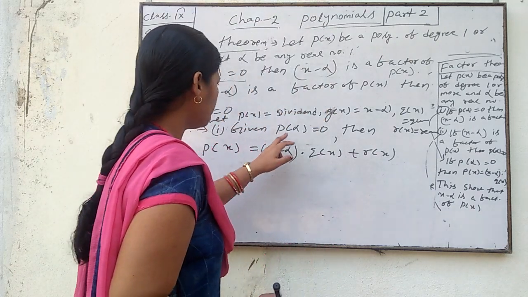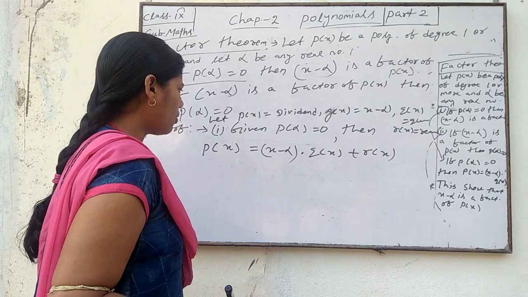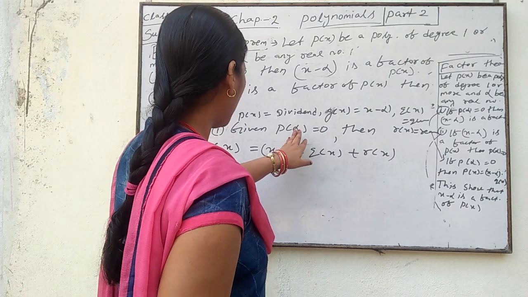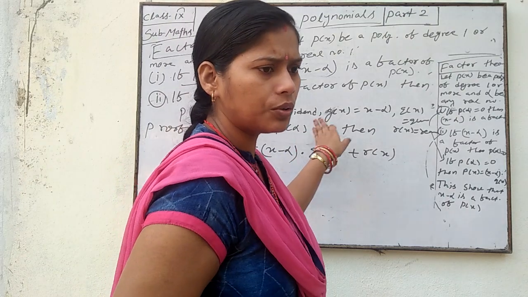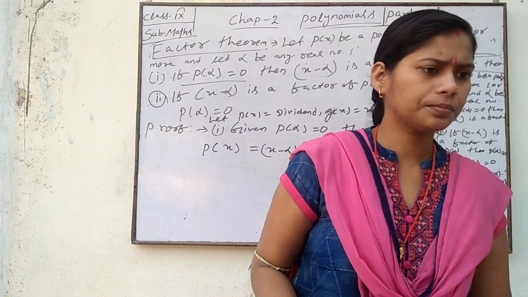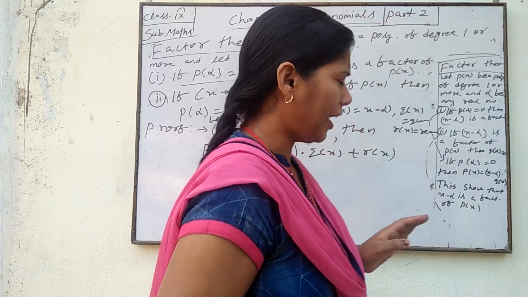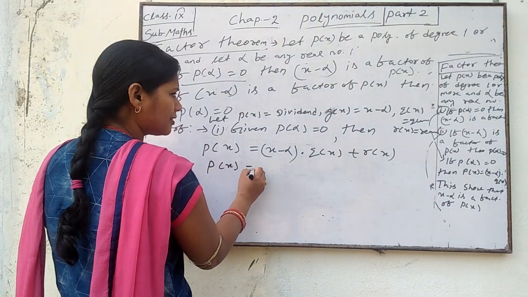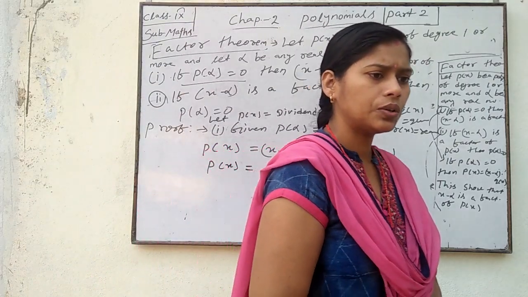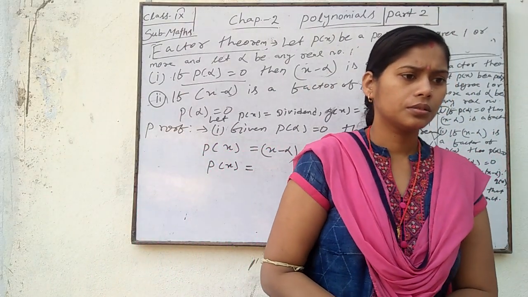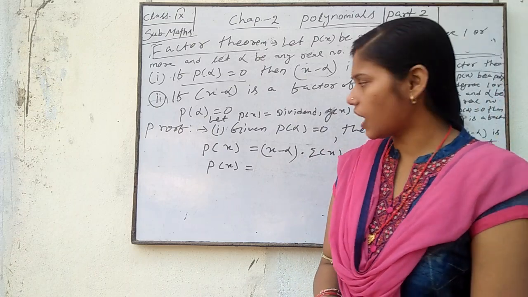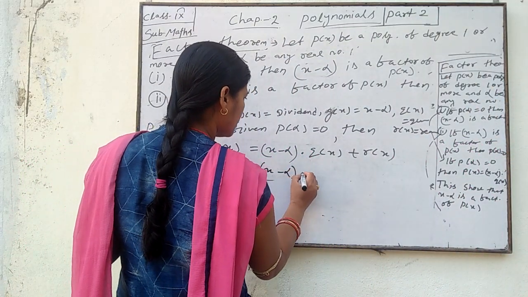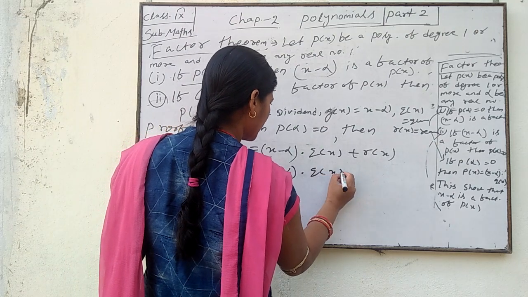Okay, now putting p of alpha equal to 0. It means p of x is equal to x minus alpha into q of x.